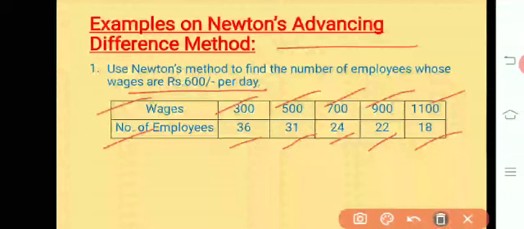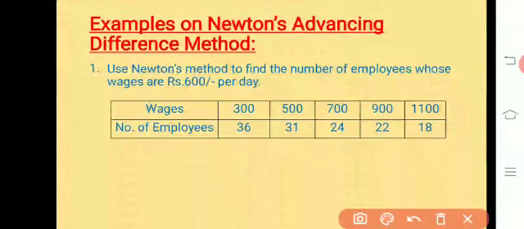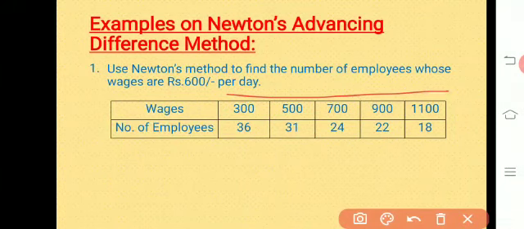You can observe here all the wages, means all x values, are given, and we have to find the number of employees for wages rupees 600 per day. Now 600 value is in between 500 and 700, so we have to use Newton's method.